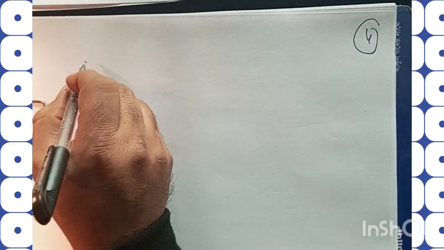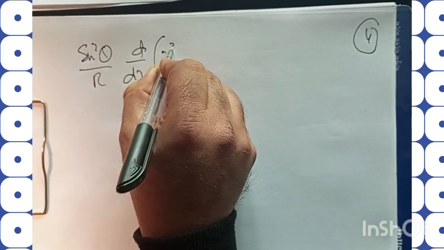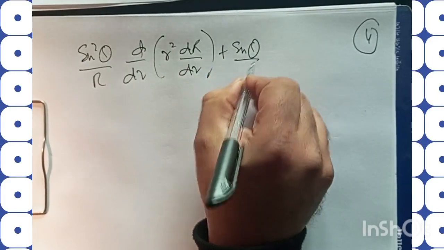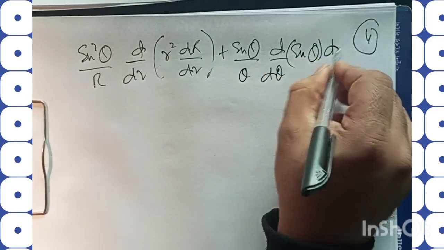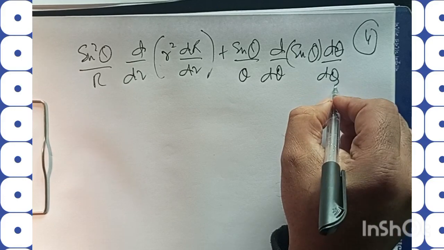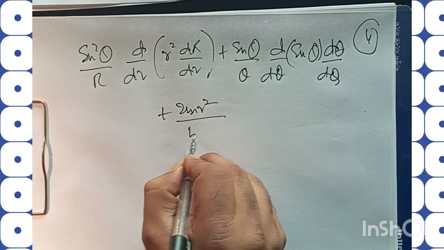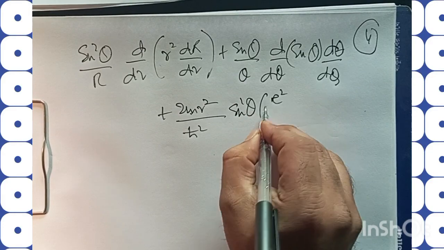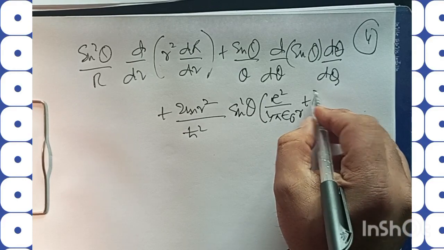I have to write down the same thing: d by dr of r square dr by dr plus sine theta by theta d by d theta of sine theta d capital theta by d small theta, and then plus 2mr square by h cross square, sine square theta times e square by 4 pi epsilon naught r plus e.